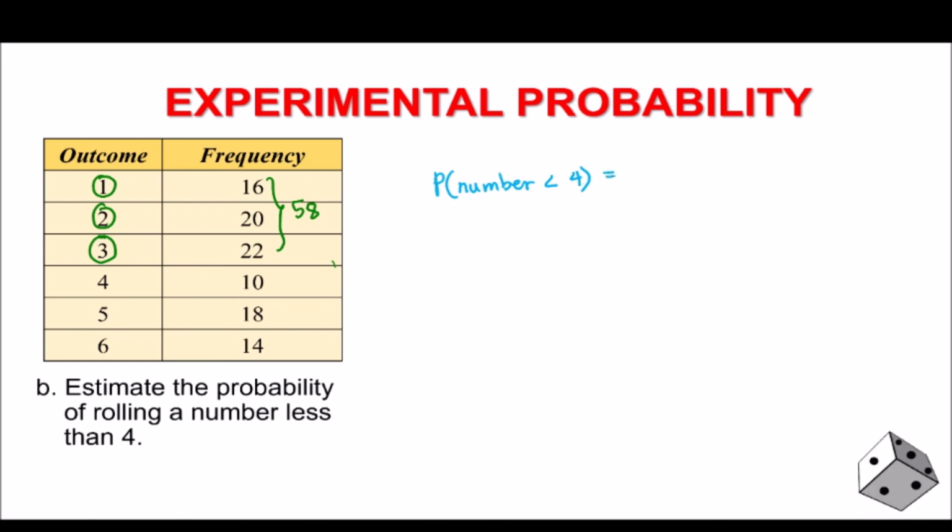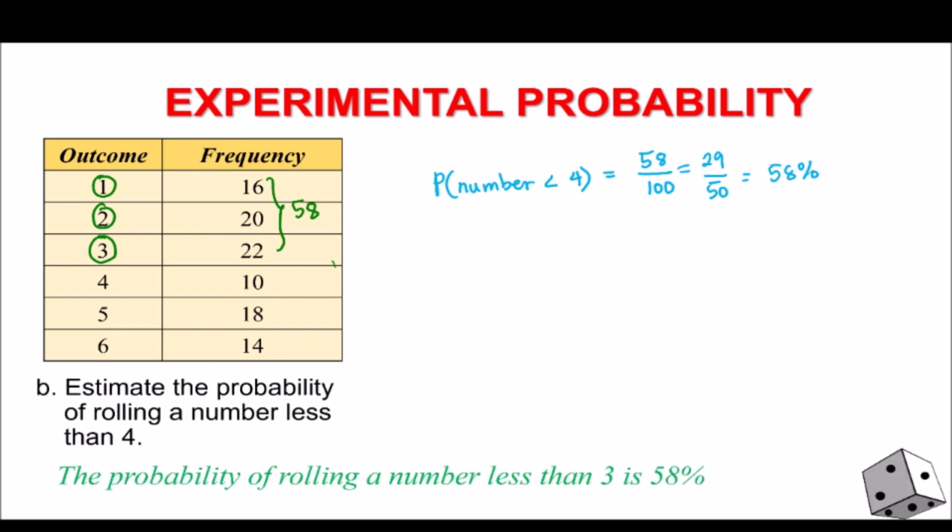Since the sum for 1, 2, and 3 is 58, and the total number of trials is 100, the probability of rolling a number less than 4 is 58 over 100 or 29 over 50, or in percentage, 58%. So we can say that the probability of rolling a number less than 4 is 58%.